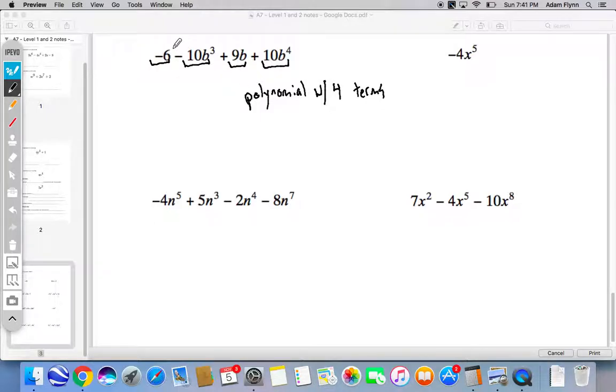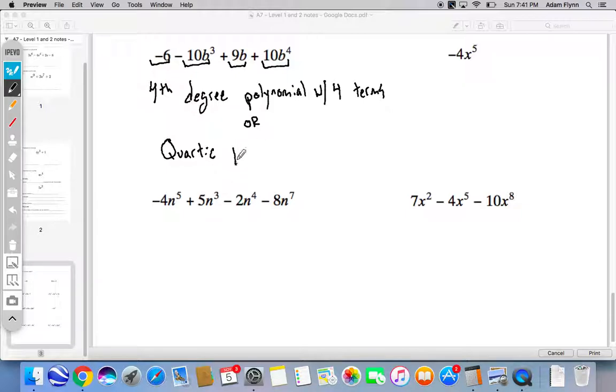So if we take a look at our highest power, we have 0 there, 3, 1, and 4. So this 4 is our highest power, so we could call it a 4th degree polynomial with 4 terms. Or if we have a polynomial to the 4th degree, there's a special word for it. It is called a quartic equation.